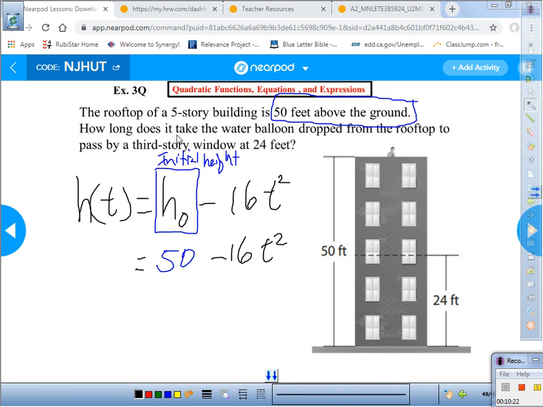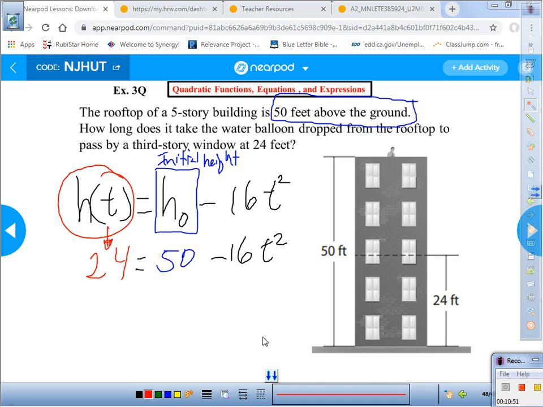How long does it take the water balloon dropped from the rooftop to pass by the 3rd-story window at 24 feet? What is 24 feet? The new height. Where does that go? Right there. So it goes over here as our constant, 24. This whole thing is what we need to compute.